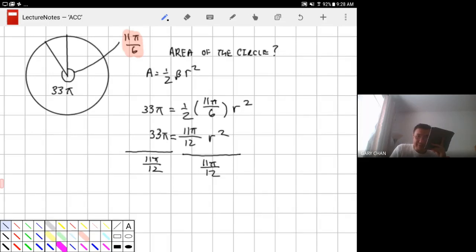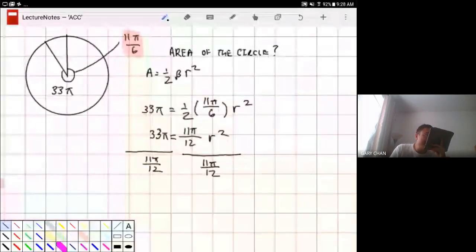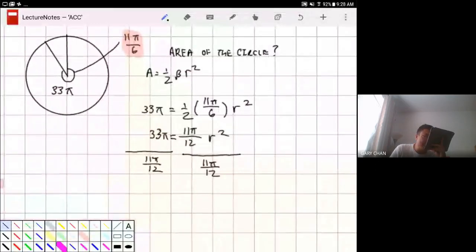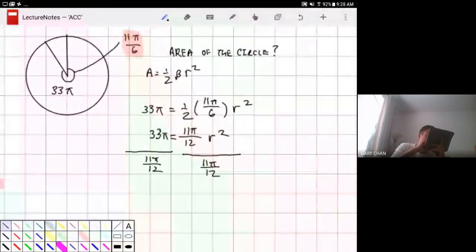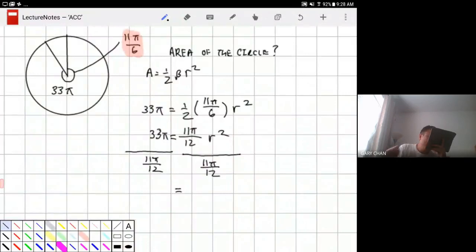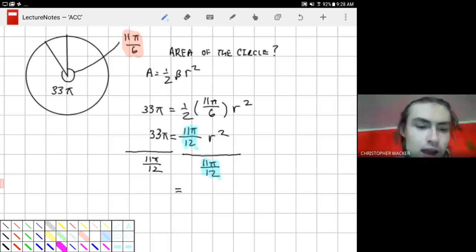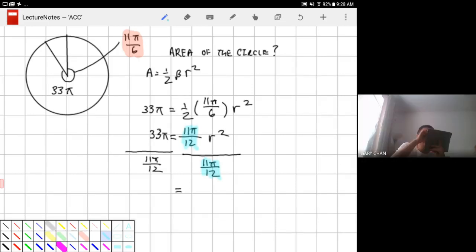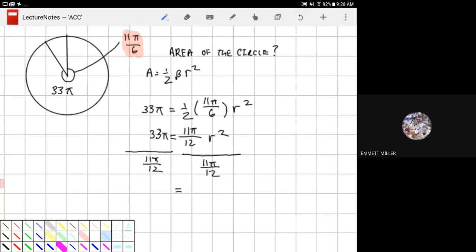I'm dividing both sides by that fraction. And when you're dividing both sides by that fraction, what happens to the fractions on the left-hand side? They cancel out. We're left with r squared on the left-hand side.